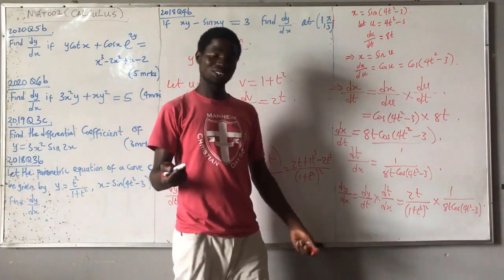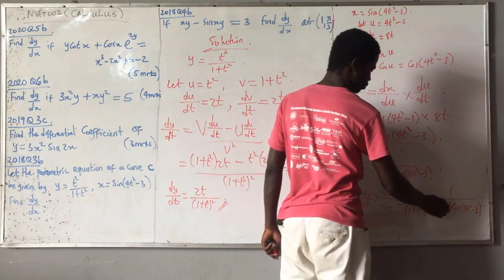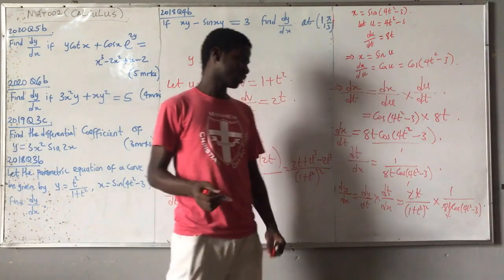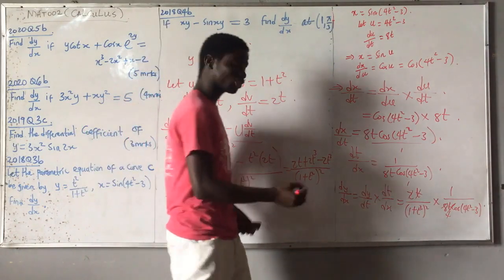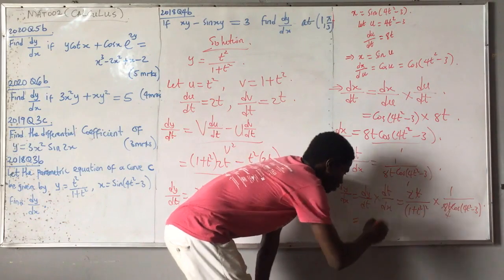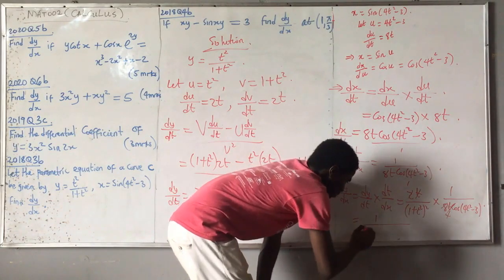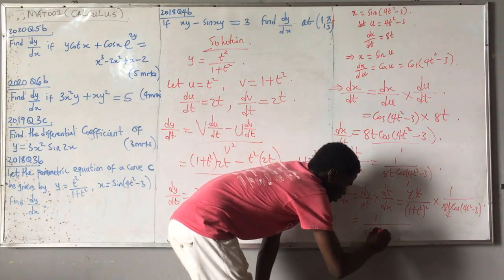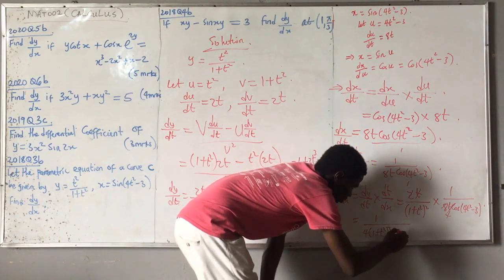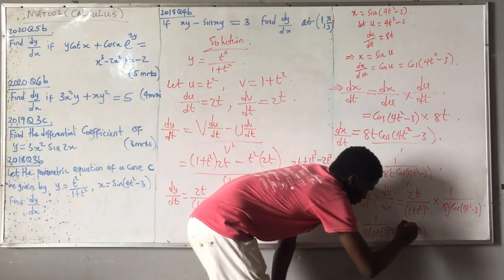So you will notice that t can cancel, and 2 over 8 gives 1 over 4. What you will be left with is 1 at the numerator, then 4(1 + t²)² cos(4t² − 3).